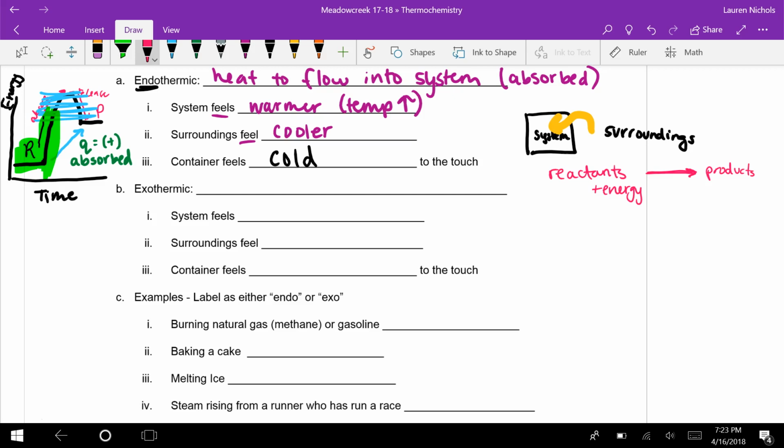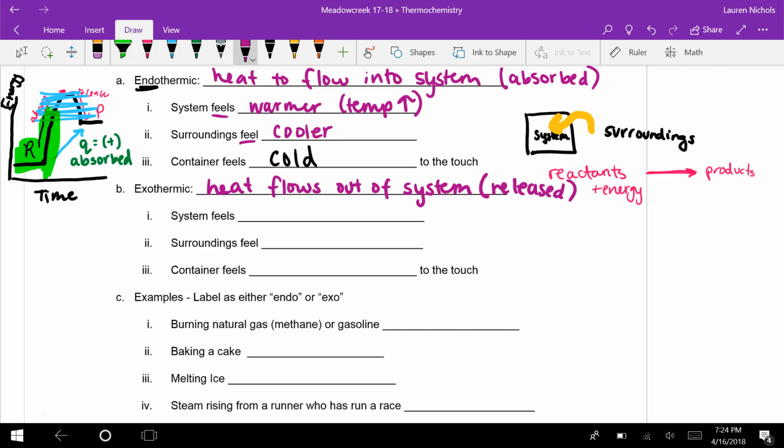And so exothermic is essentially the opposite in every single way. So heat, instead of flowing into the system, flows out of the system. And so this means it is released.